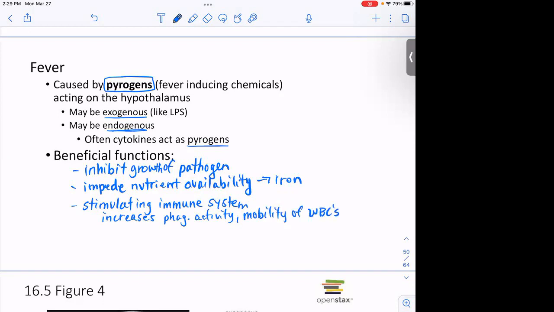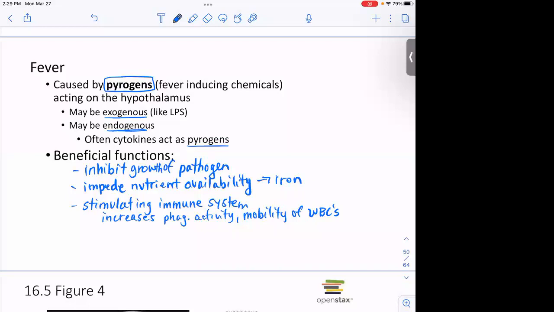In general, the higher the temperature, the faster reactions happen. So some of our other aspects of immunity get a little jump start when we have a fever. Having said that, the effect is fairly minimal for these things.